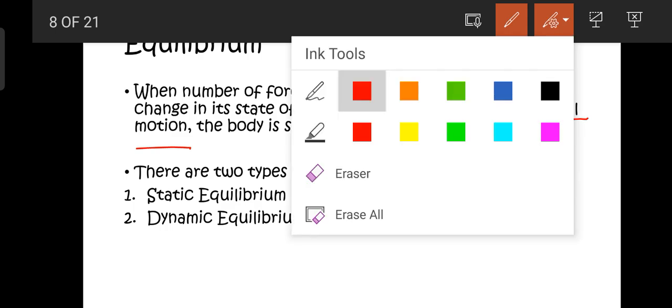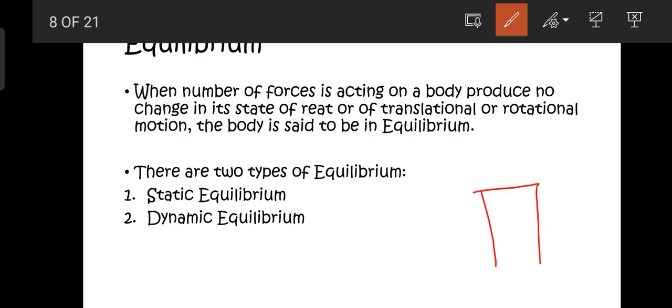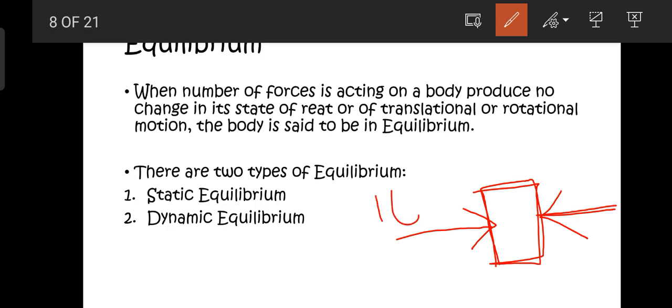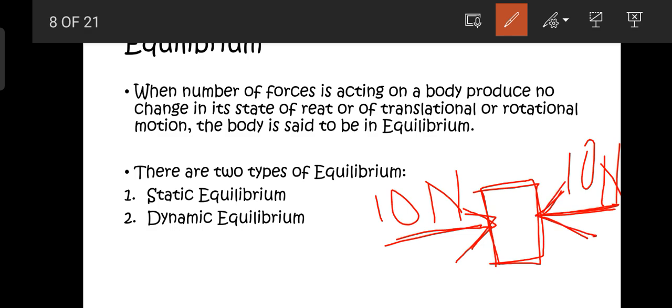See, if we keep a box and apply force from here and here equally, this is 10 N and this is also 10 N, will the box move? No, because the same force is applied. There is no change.